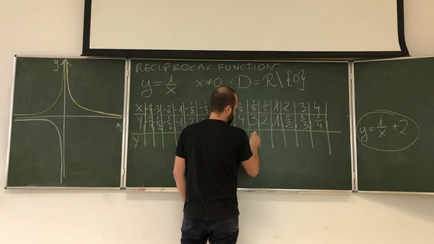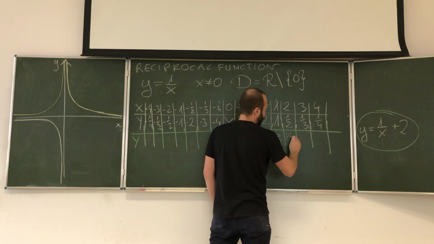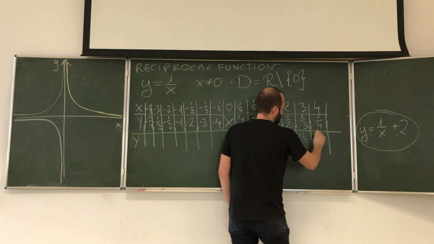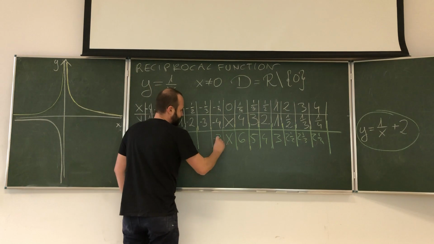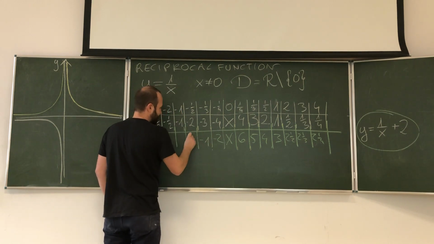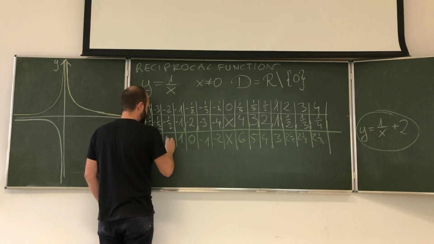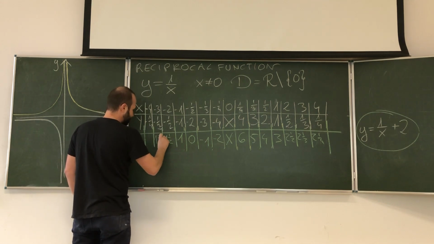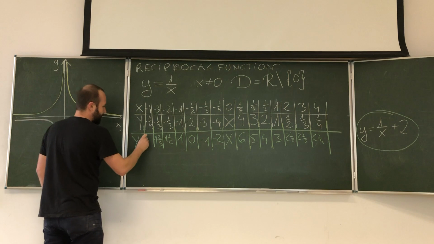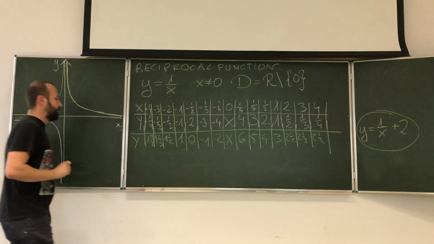Here we have 6, 5, 4, 3, 2 and a half, 2 1/3, 2 1/4. And over here, -2, -1, 0, 1, right? Then we will have 1 1/2, 1 2/3, 1 and 3 over 4.